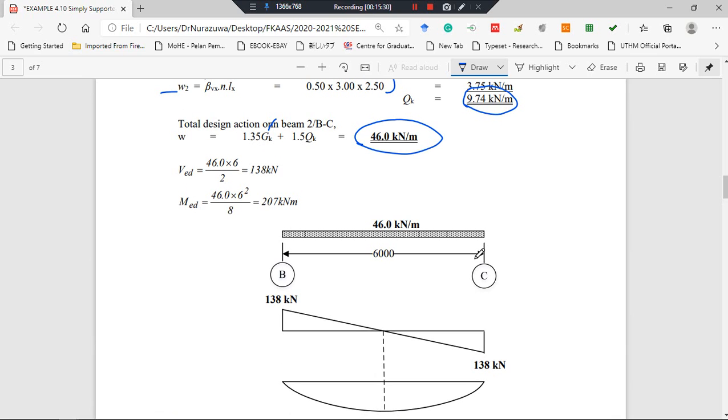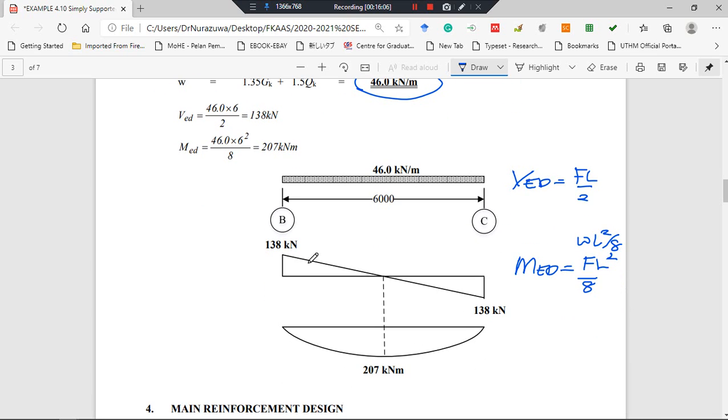Next is the analysis. From this loading, we analyze this simply supported beam. The VED, for the maximum shear, is FL over 2, in kilonewton. Meanwhile, for the maximum moment, which is the design moment, the formula is WL squared divided by 8.